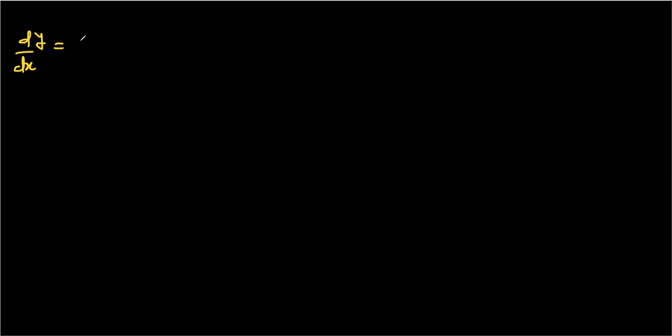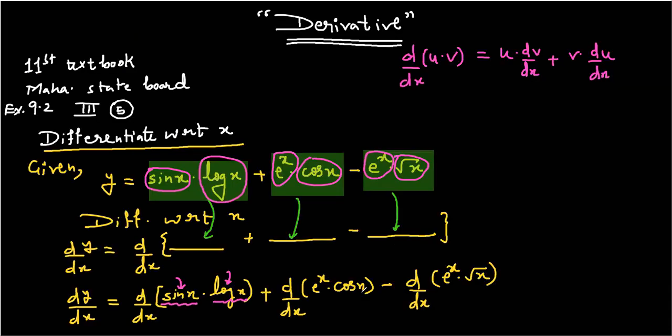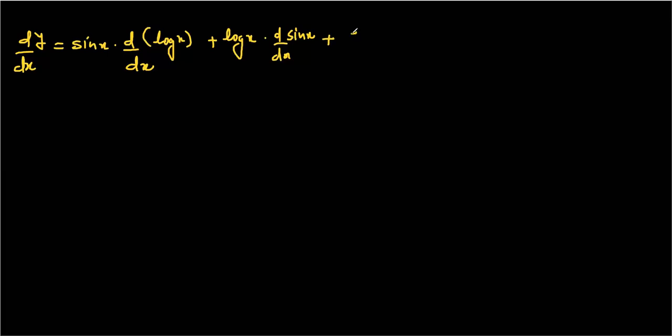So here you have sine of x d by dx of log of x, plus log of x into d by dx of sine of x. Then you have e raised to x multiplied to cos of x. So plus e raised to x d by dx of cos of x, plus cos of x d by dx of e raised to x.